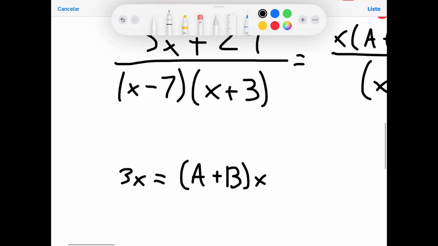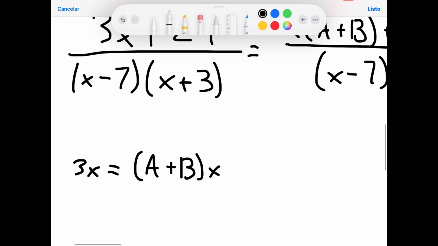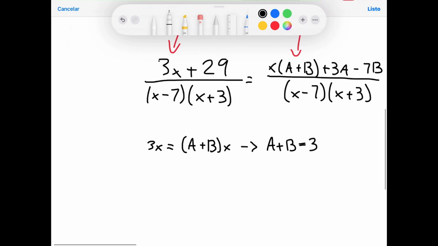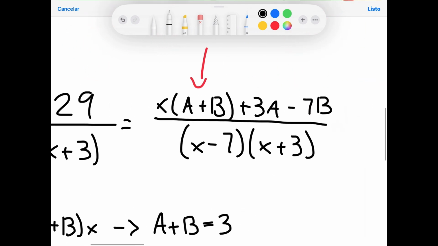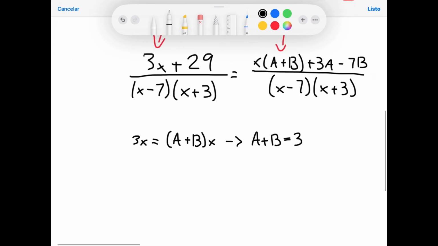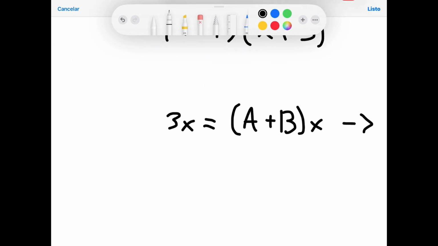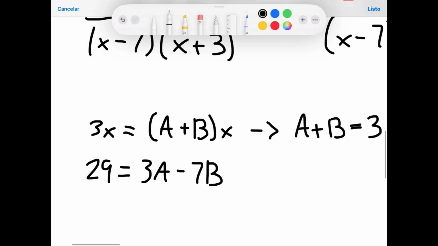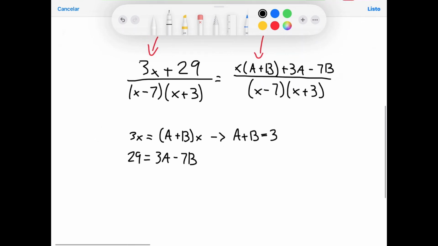So it's like a plus b equals 3. So I now put a plus b equals 3. And for the other one, I know that 29 equals the same as this, 3a minus 7b. So I put it right here: 29 equals 3a minus 7b, and it stays the same.